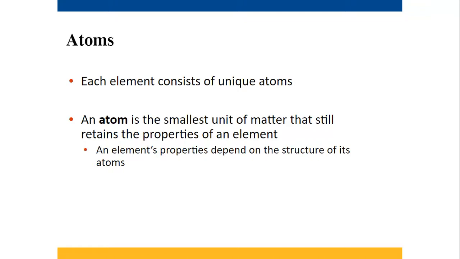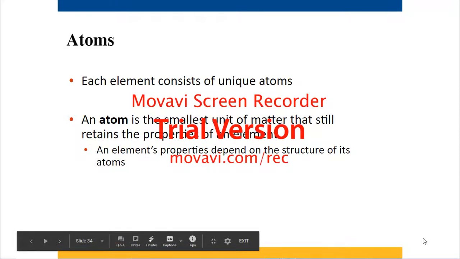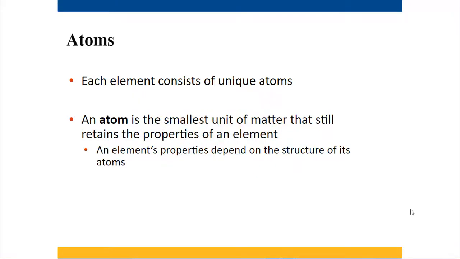And we're going to talk about this in a second, but essentially, the periodic table is arranged in order of increasing atomic number. An atomic number is the number of protons in the element.